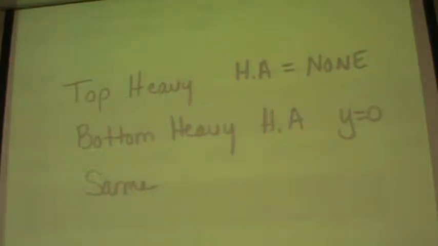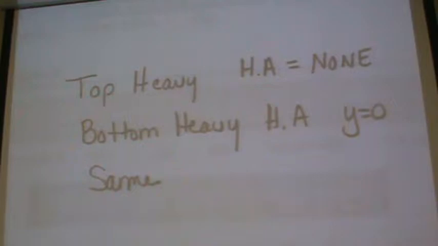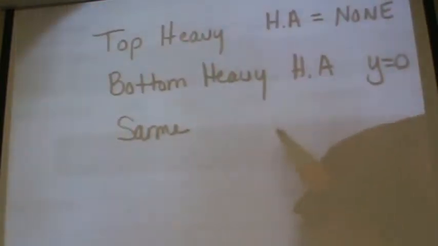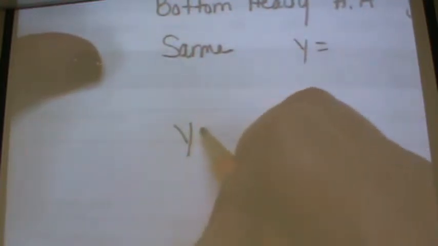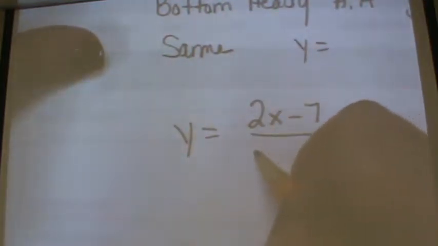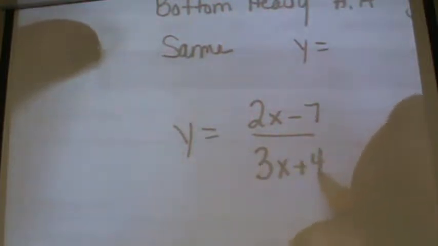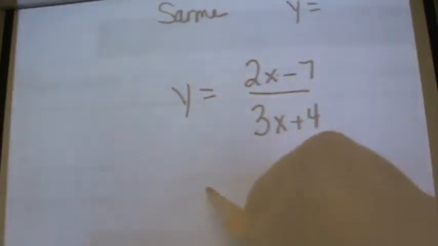What you do is you take the leading coefficient of the numerator over the leading coefficient of the denominator. So it looks like this. For example, if I give you y equals 2x minus 7 over 3x plus 4, see how these degrees are the same?